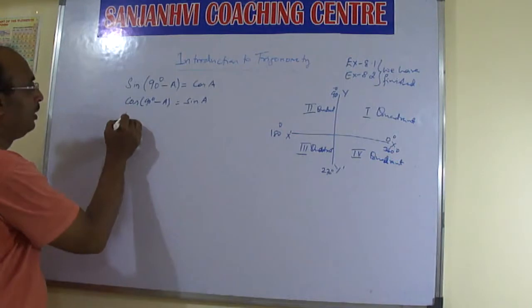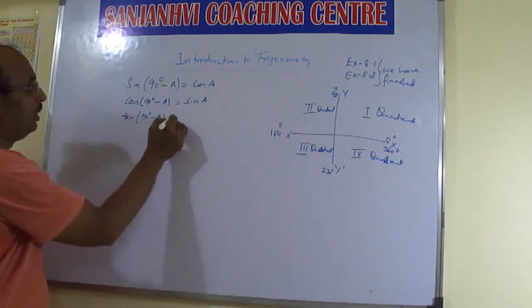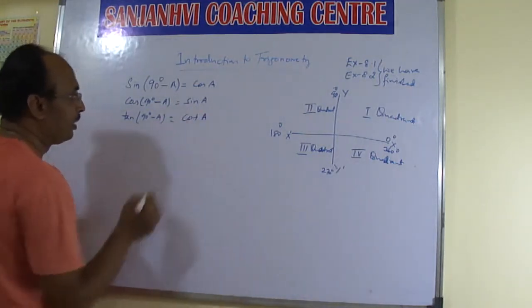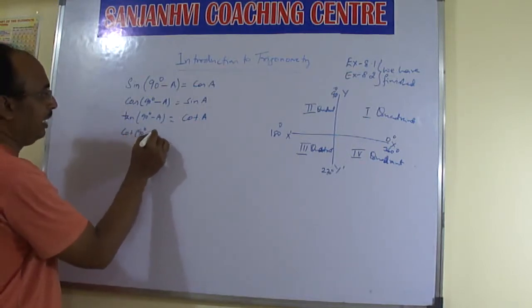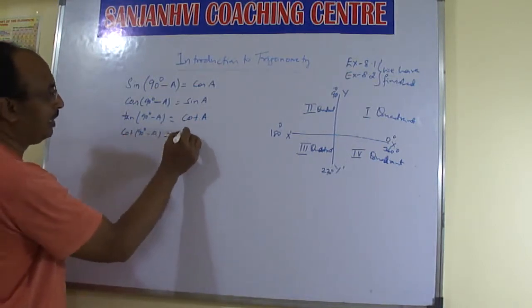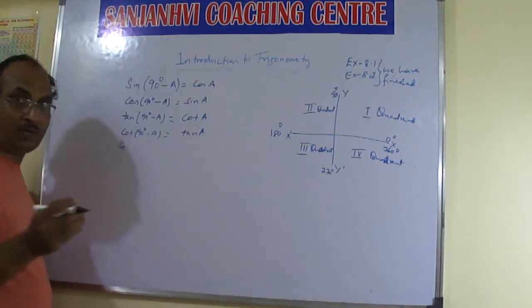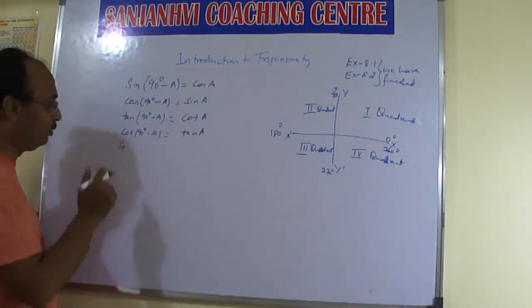Then another one, tan of 90 degree minus A gives us cot A. Then cot of 90 degree minus A will give us tan A. Very good. The same we are going to utilize in our next exercise 8.3 and we will be solving questions.